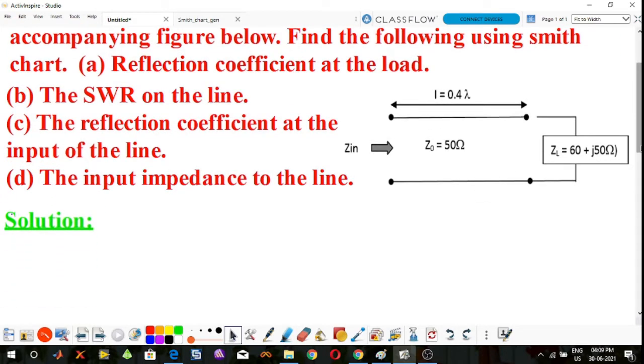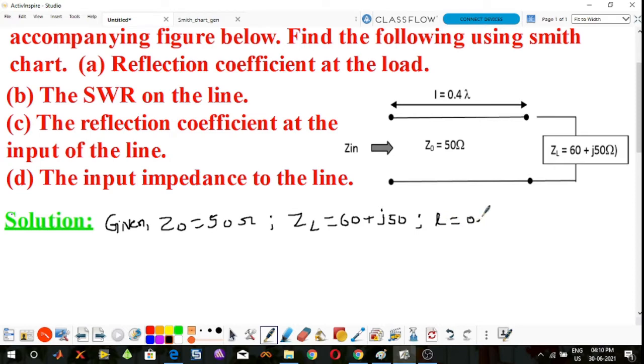So now coming to the solution, given that the characteristic impedance Z0 is equal to 50 ohms, load impedance ZL is equal to 60 plus j50 ohms, and length of the transmission line L is equal to 0.4 lambda.